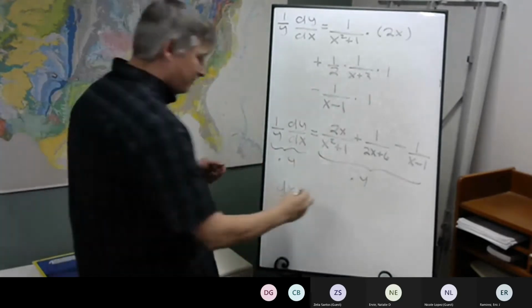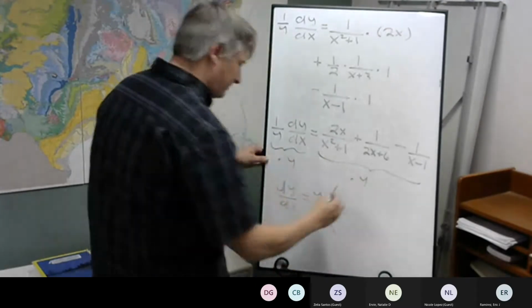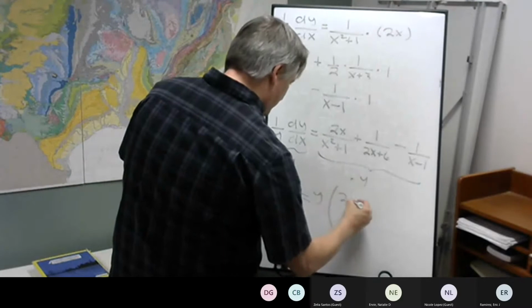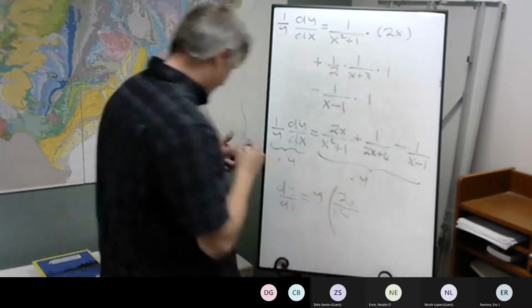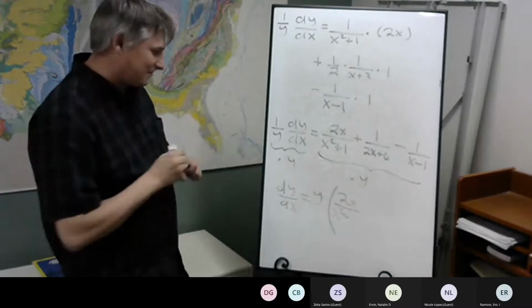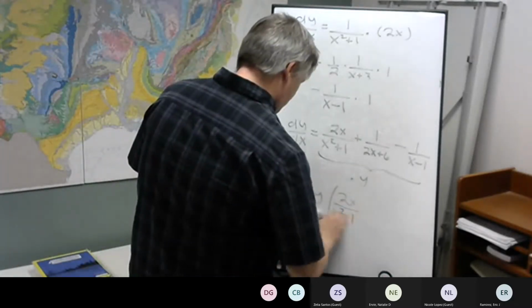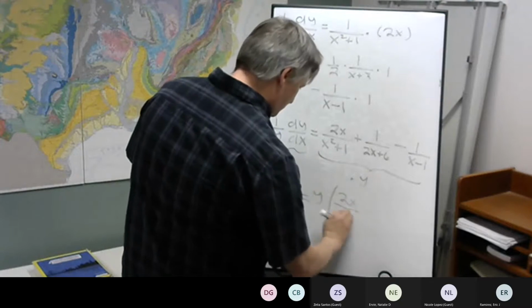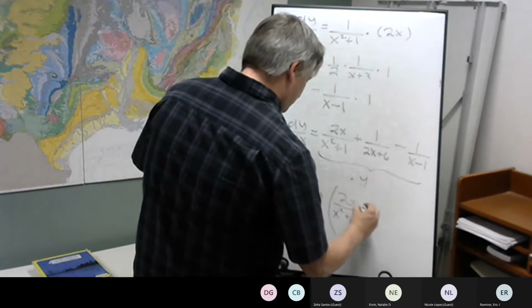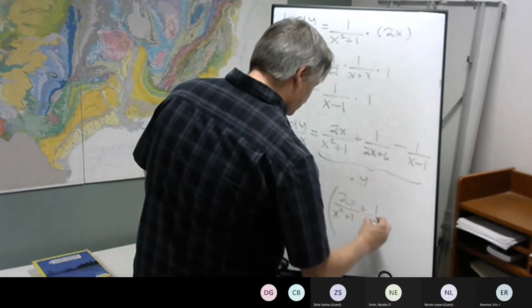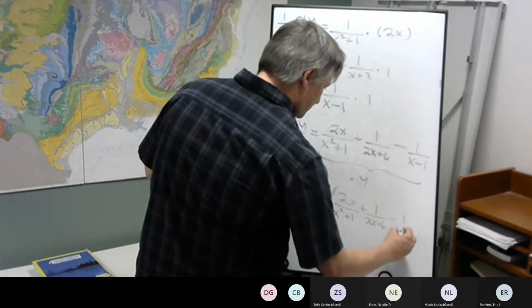Multiplying the whole side by y, so we have y times 2x over x squared plus 1 plus 1 over 2x plus 6 minus 1 over x minus 1.